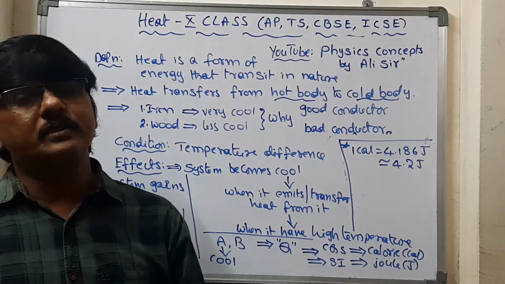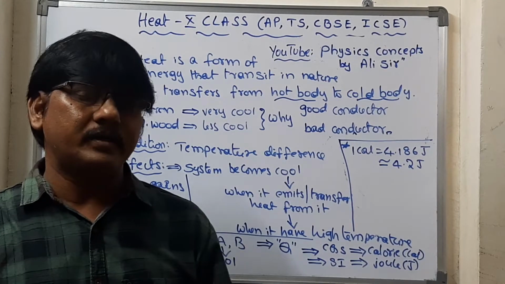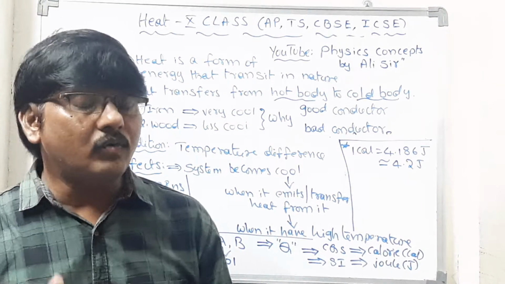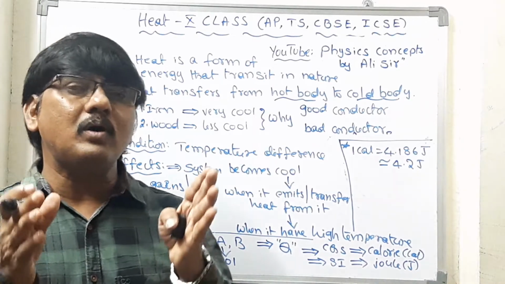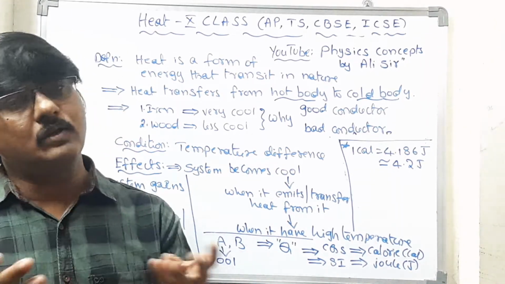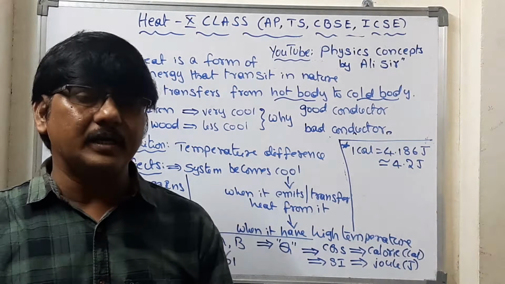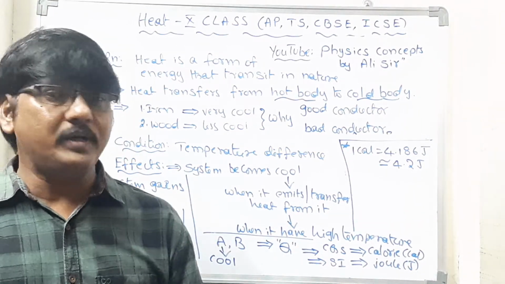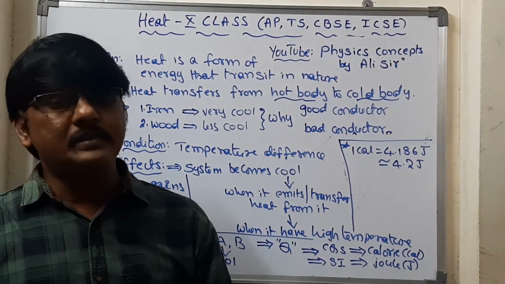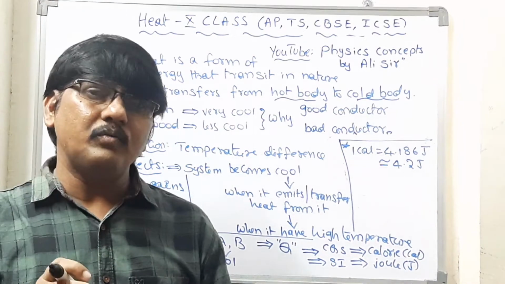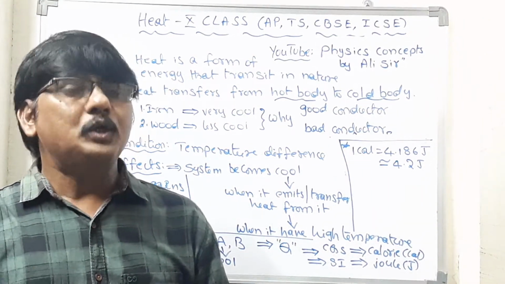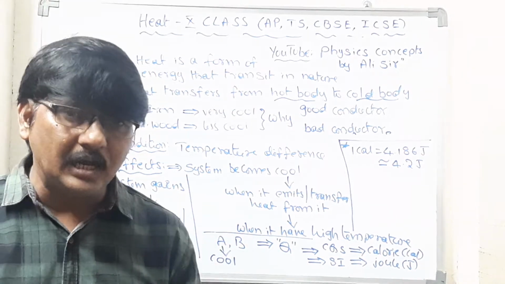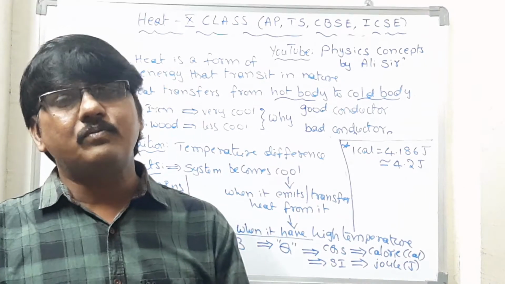Again I will say the definition: the amount of heat required, for 1 gram of water or 1 gram of substance, to raise the temperature by 1 degree Celsius, is called a calorie.